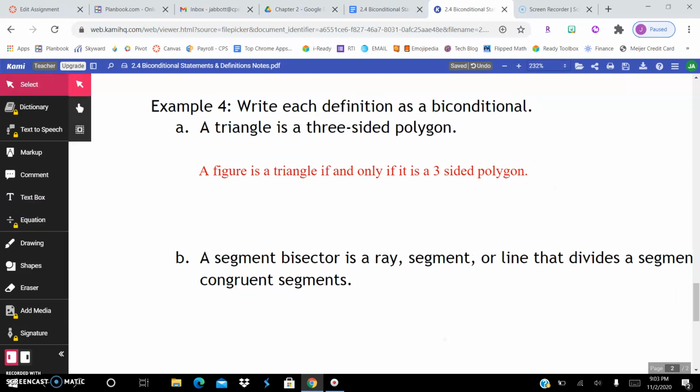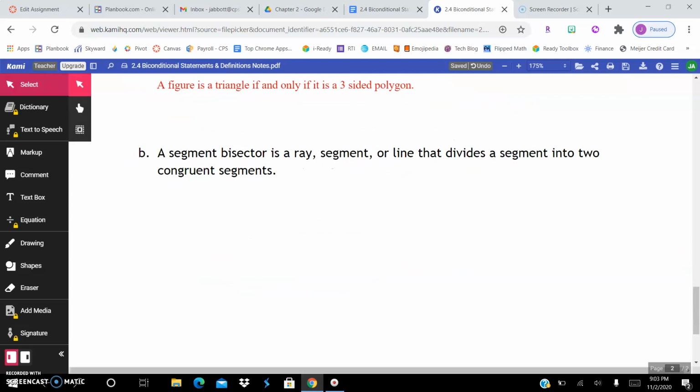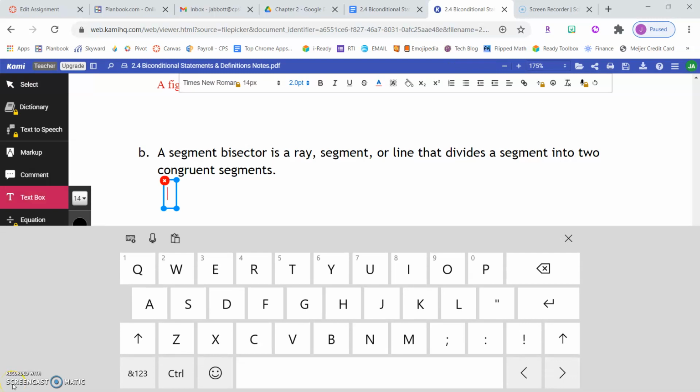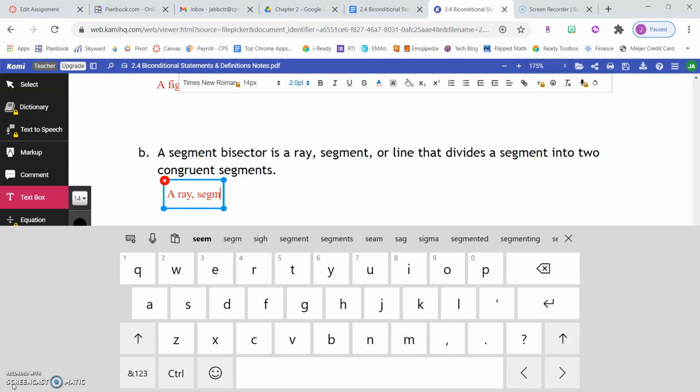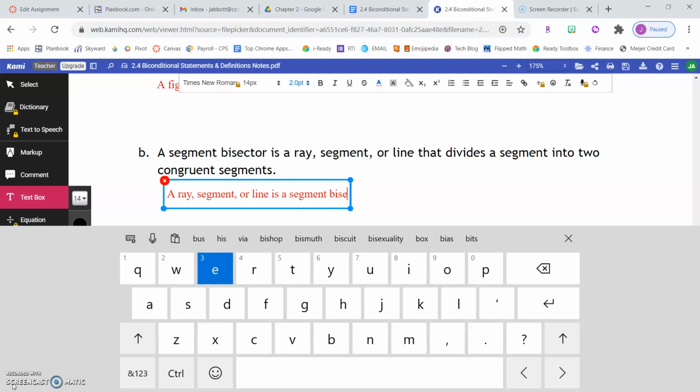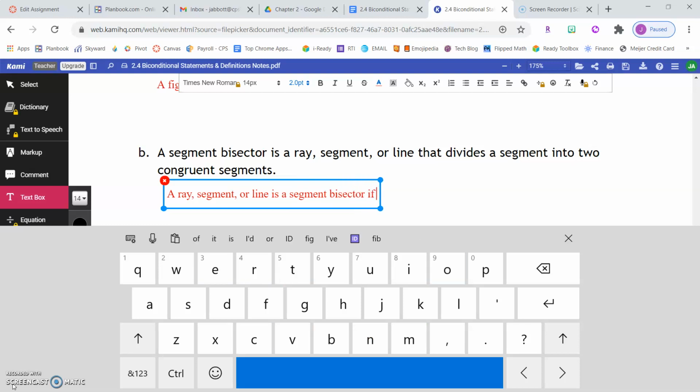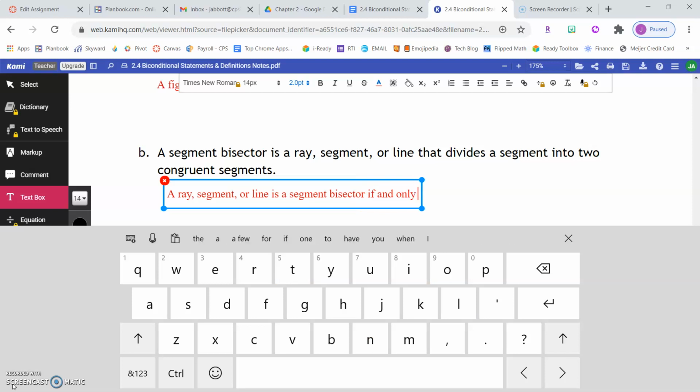And then for part B, a segment bisector is a ray, segment, or line that divides a segment into 2 congruent segments. So this is a definition of a segment bisector. So we can say a ray, segment, or line is a segment bisector if and only if it divides a segment into 2 congruent segments.